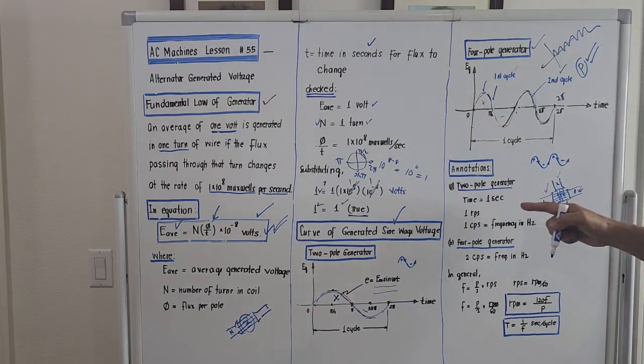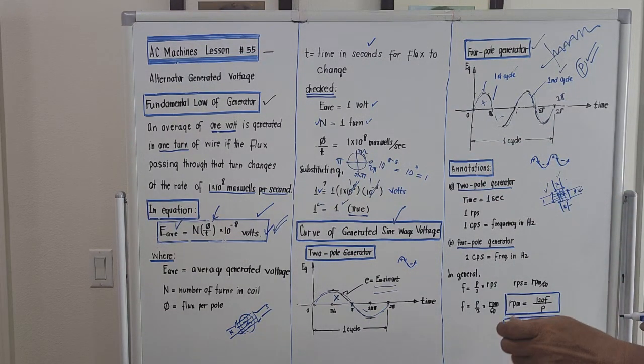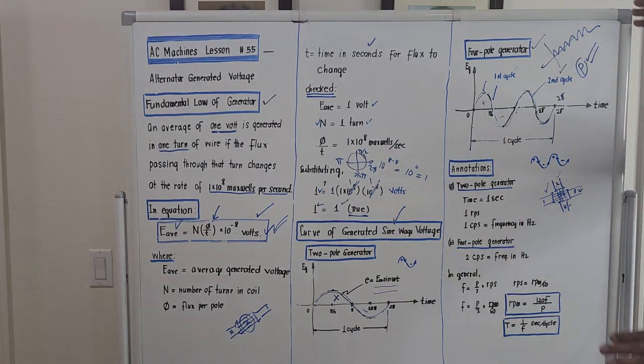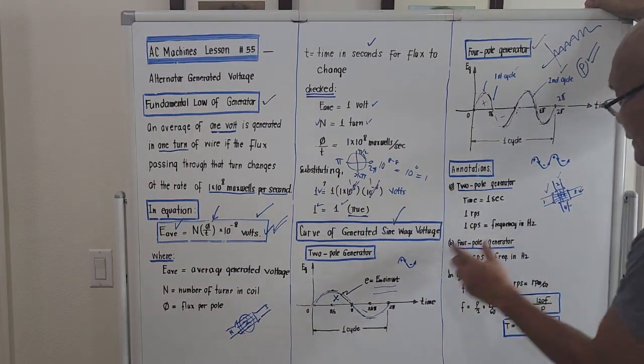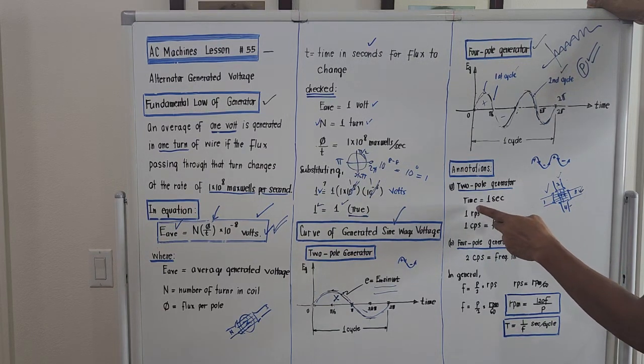Okay? I place it here, there are annotations, because we will be deriving the RPM of an alternator as a function of frequency. For a 2-pole generator, for one cycle, the time is 1 second, right? And the revolutions per second is just 1 RPS.